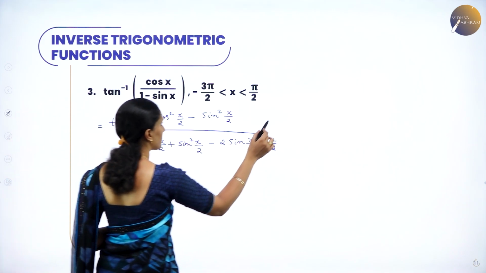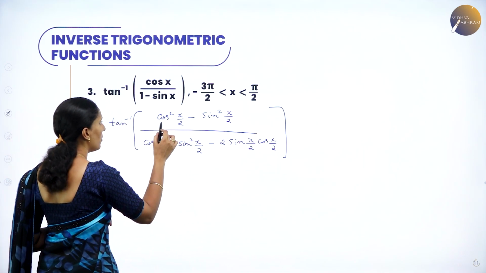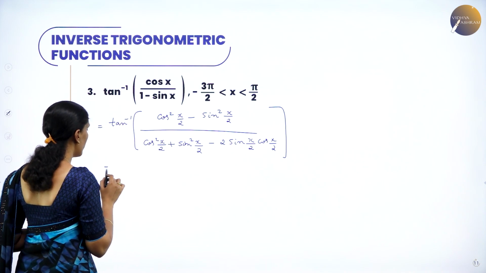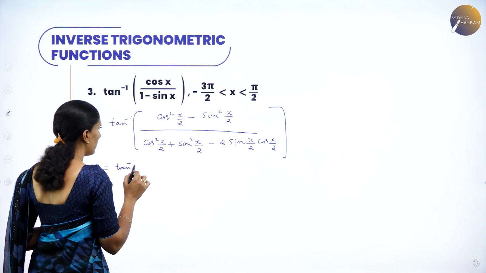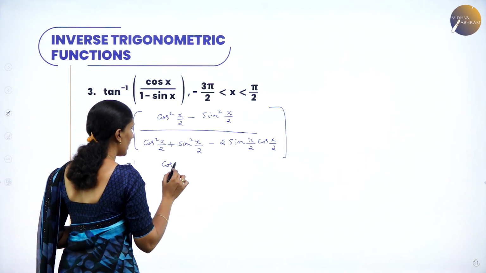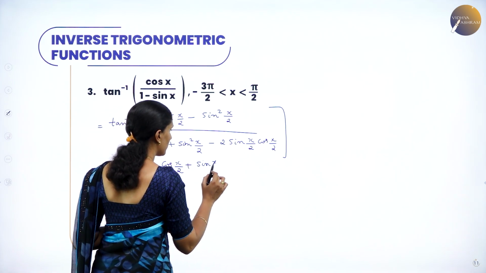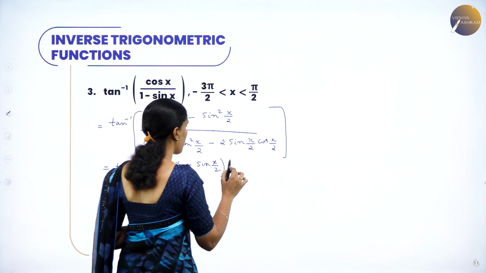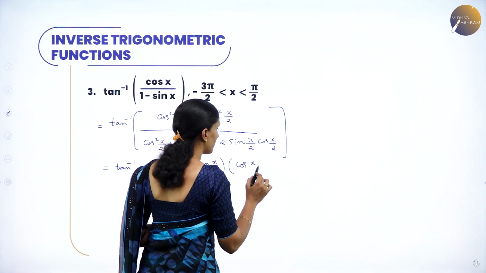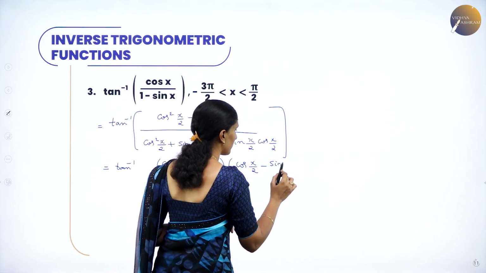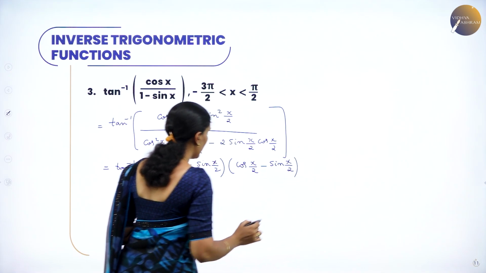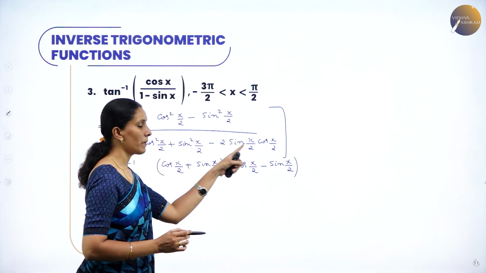Now here, this is in the form of a square minus b square, which can be written as a plus b and a minus b. And this is a square plus b square minus 2ab.